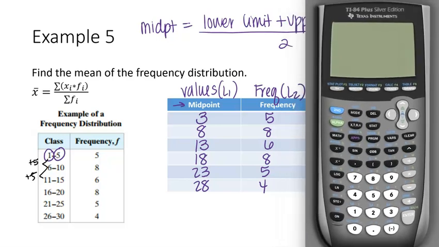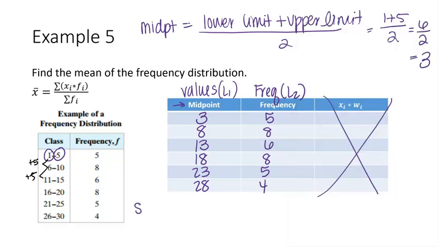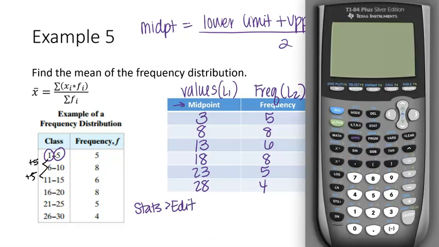We're going to start off with Stats, Edit, because we need to go into our lists. So Stats, Edit. I'm going to go ahead and clear out my lists because I don't want to accidentally combine or use things from a different example.